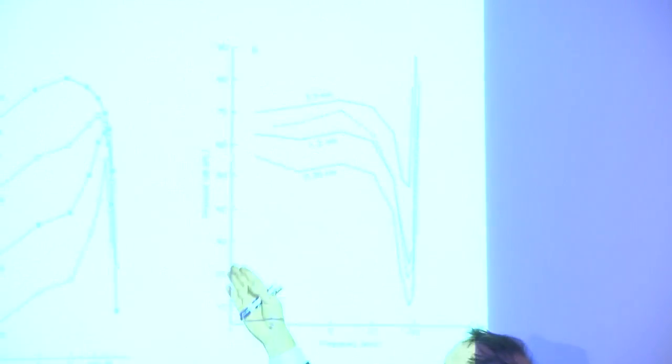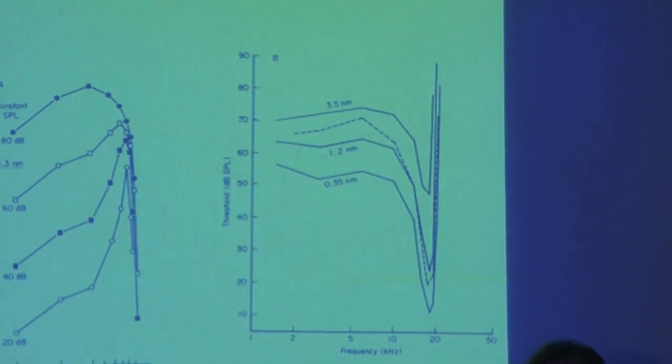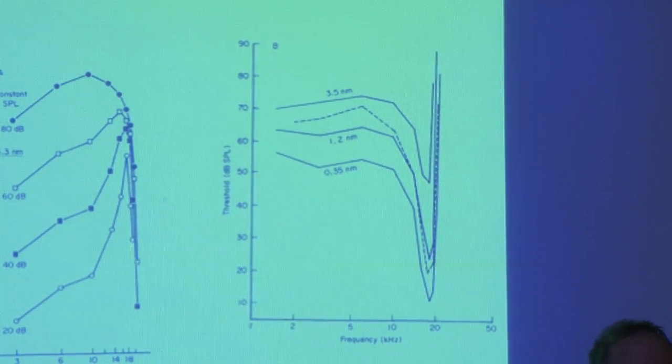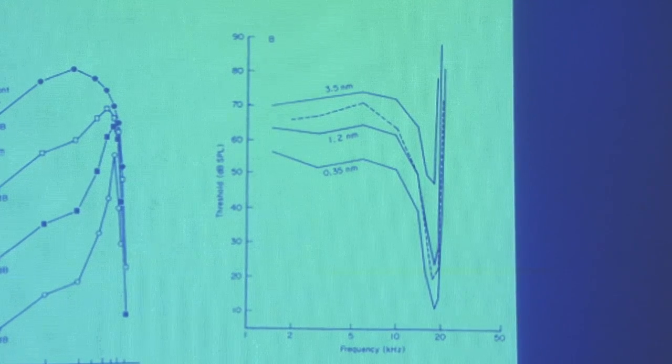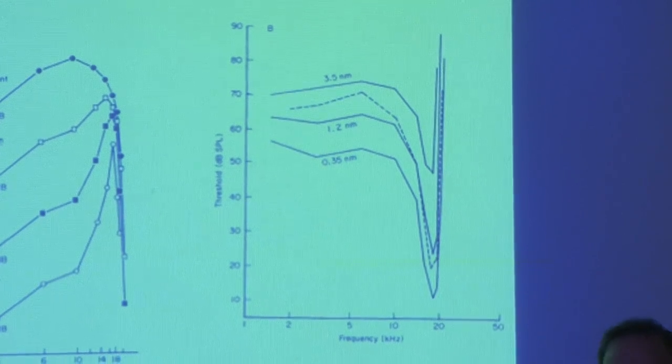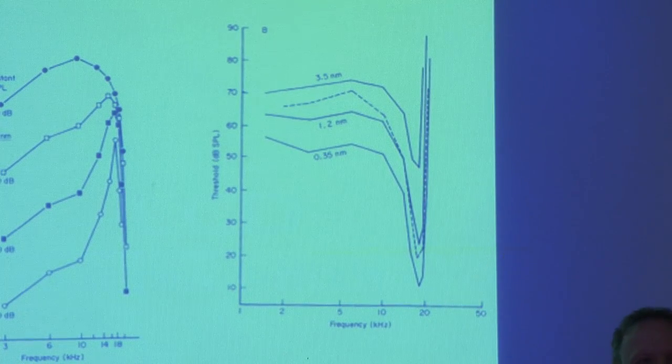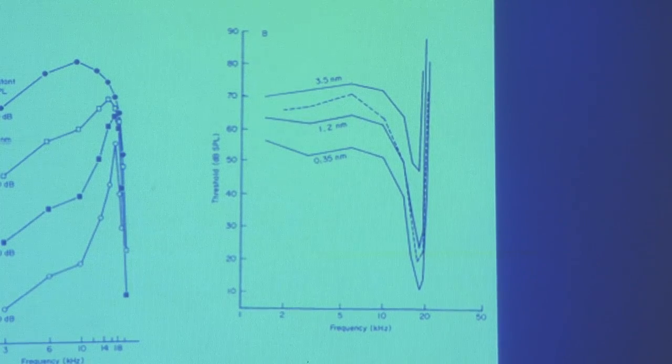How much sound level do I have to stimulate the ear with to get the auditory nerve fiber to fire 10 spikes per second? Well, at 16 kilohertz, I have to hardly put any sound in at all. But at 2 kilohertz, I have to really blast the thing. So this auditory nerve fiber is very tuned to the sound frequency. It's sharply tuned, okay, to a frequency near 16 kilohertz.